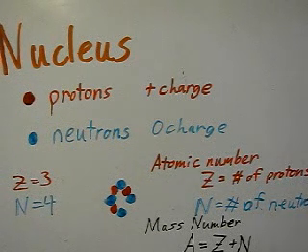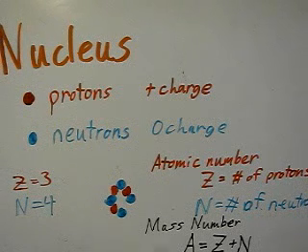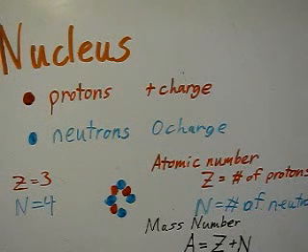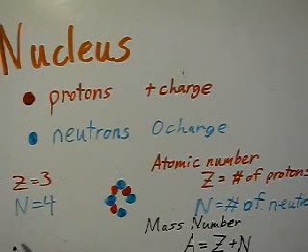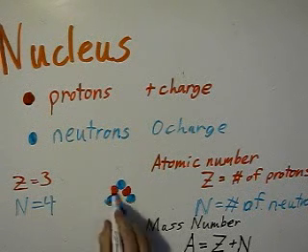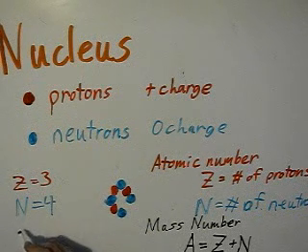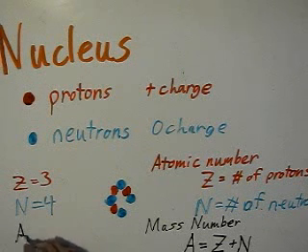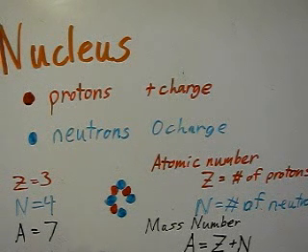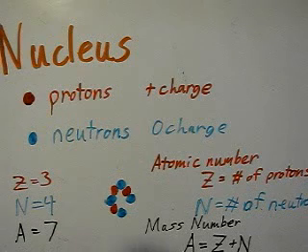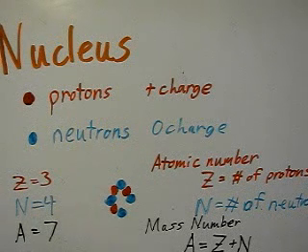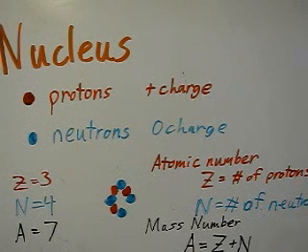And then A is the mass number, which is the number of protons plus the number of neutrons, so that's Z plus N. 3 plus 4 is 7. 1, 2, 3, 4, 5, 6, 7. A equals 7.